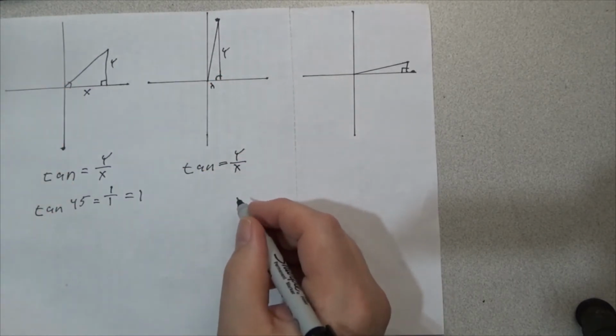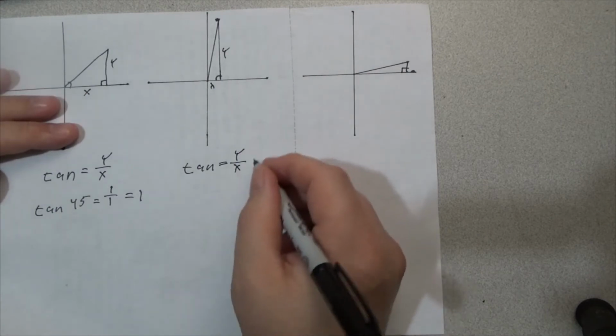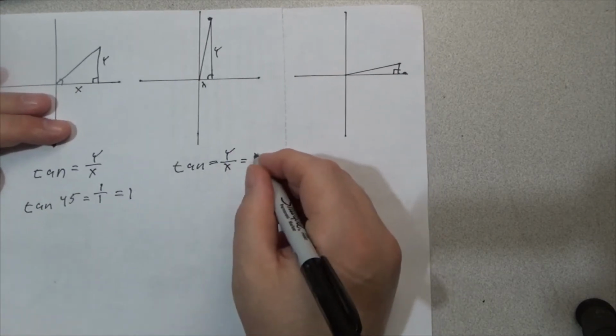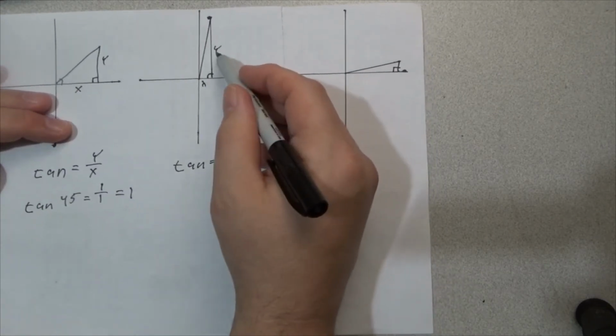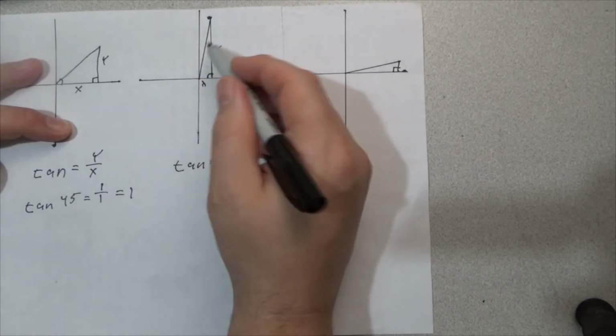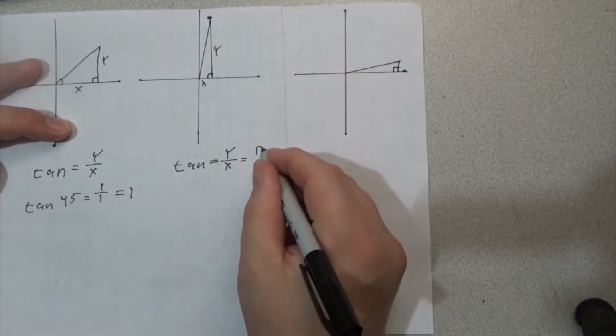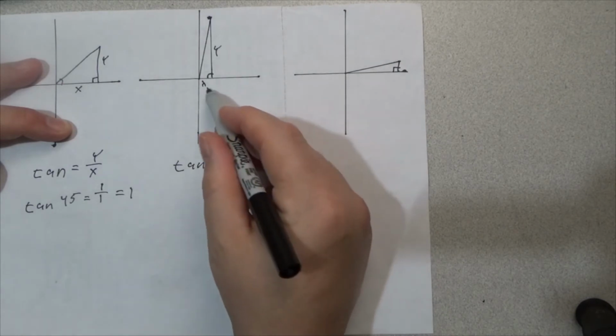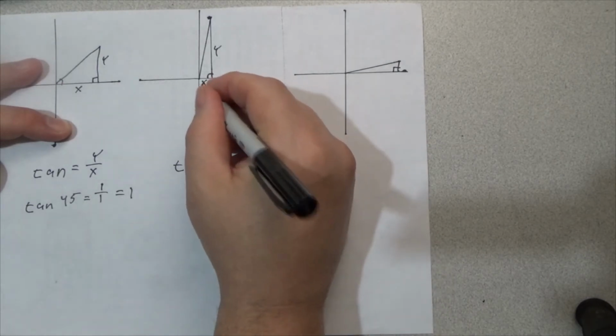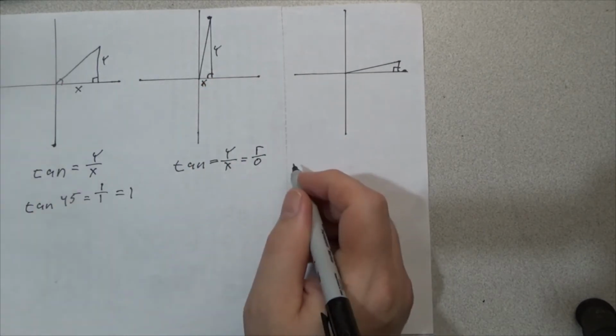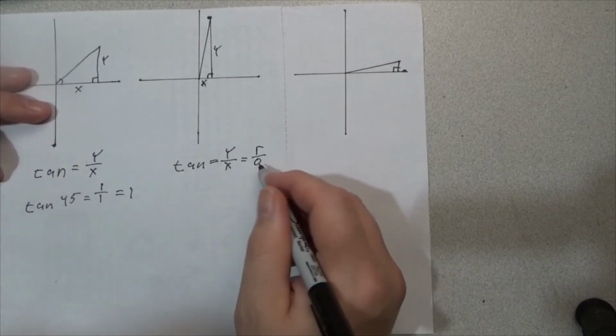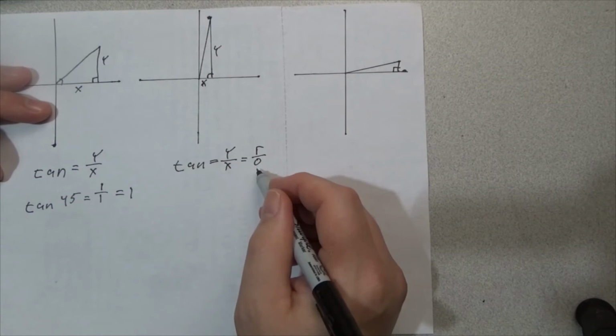And we know that as the angle gets to 90 degrees, the y value approaches r, or becomes the same as r, and the x value goes to 0. Well, you can't have 0 in your denominator, okay?